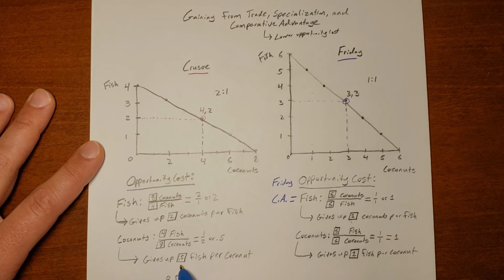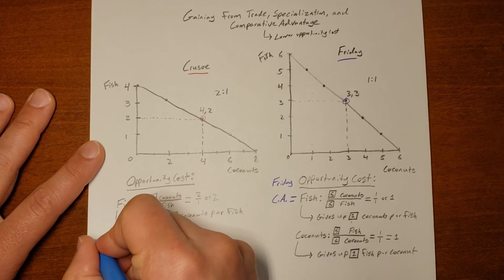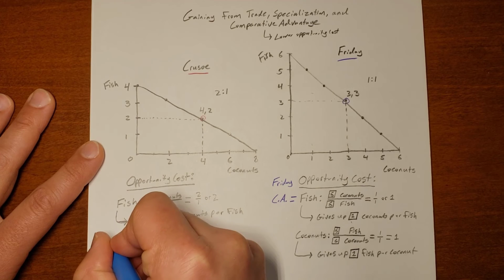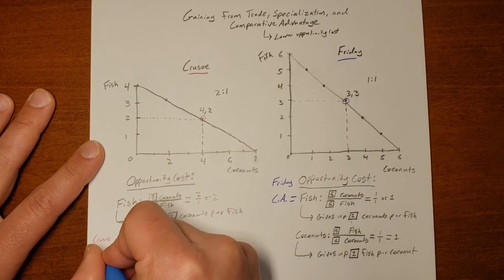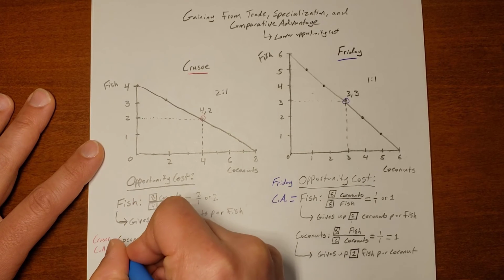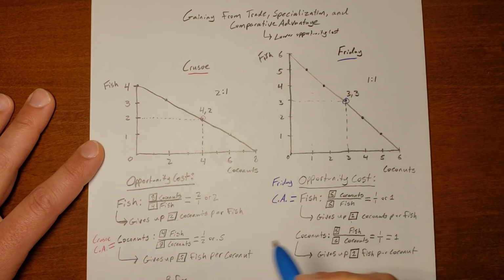So Caruso is giving up 1/2, while Friday is giving up a whole fish every time they produce a coconut. So clearly it is Caruso who has the comparative advantage in the production of coconuts, because he's giving up less.